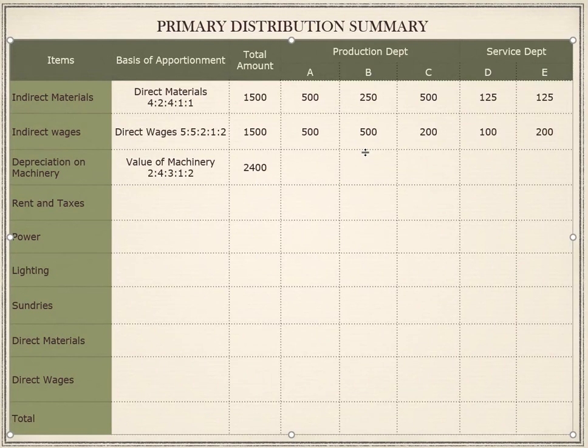So 200 into 2 is 400, 200 into 4 is 800, 200 into 3 is 600, 200 into 1 is 200, and 200 into 2 is 400.